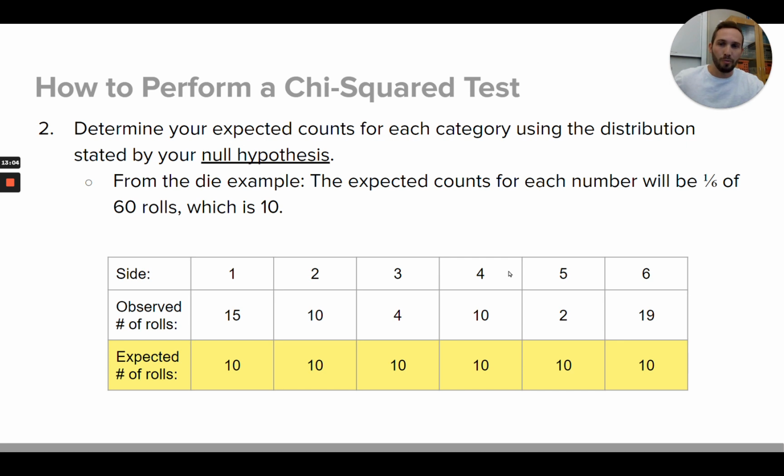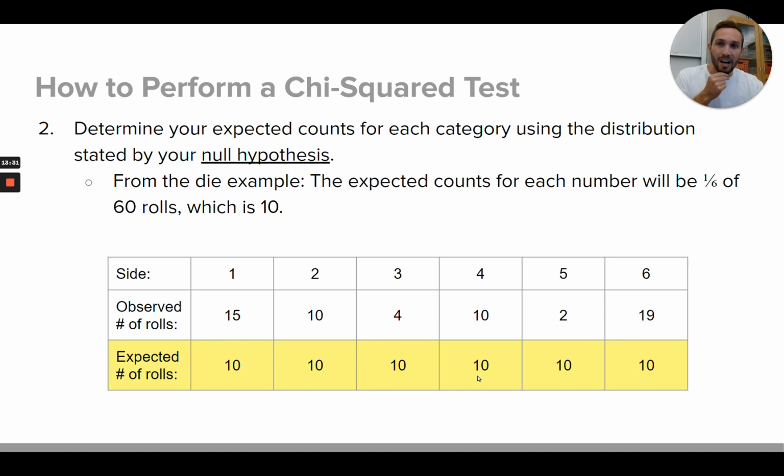Okay, what we want to do now is take that null hypothesis and test to see if it's correct by coming up with these expected numbers, which is why for your null hypothesis, don't choose something interesting or weird. Like for your null hypothesis, don't say that one of the numbers is going to be rolled more often than another number, because then you need to come up with these expected numbers, and these expected numbers need to match the null hypothesis.